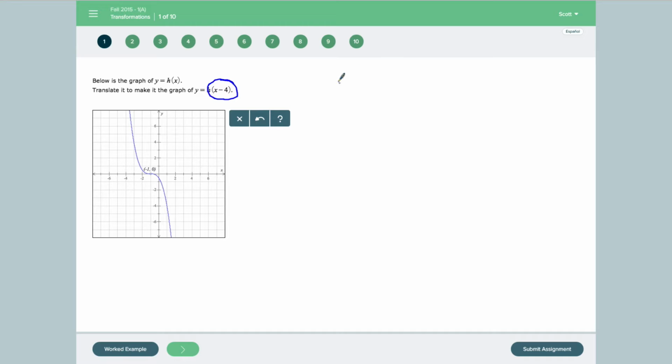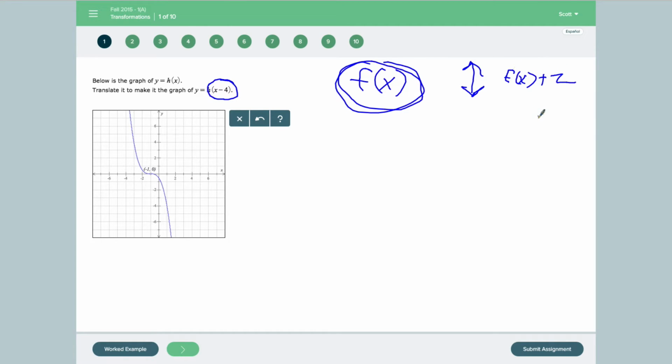Now, the way to remember this is if it's outside the parentheses, then we're moving up and down. Okay? So, for example, if it says f of x plus 2, then I know I'm moving up 2 units. Now, if it's inside the parentheses, minus a number or plus a number, doesn't matter.